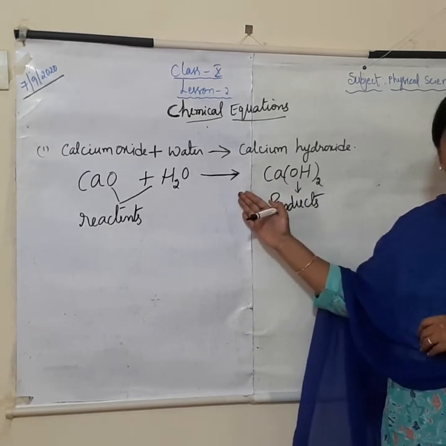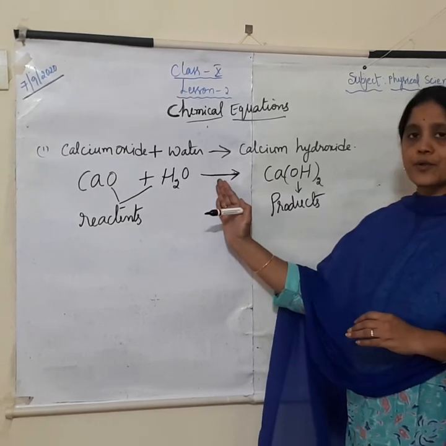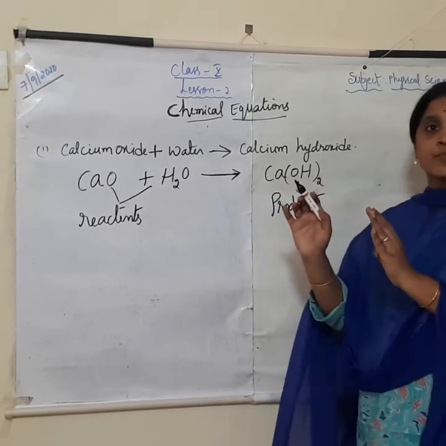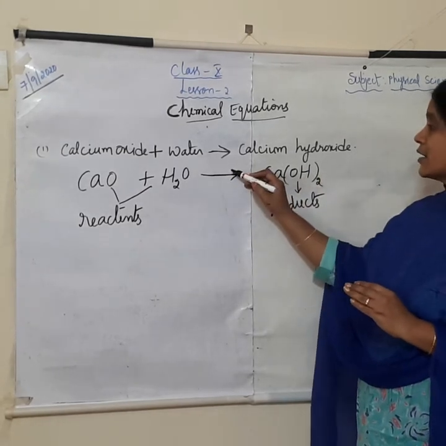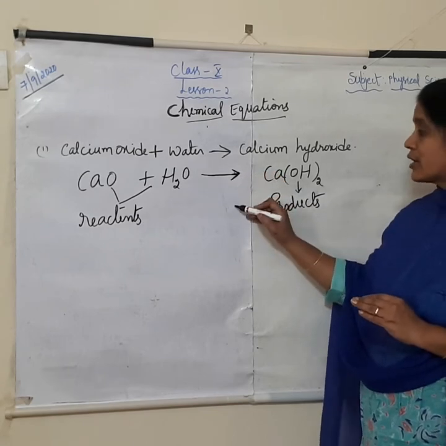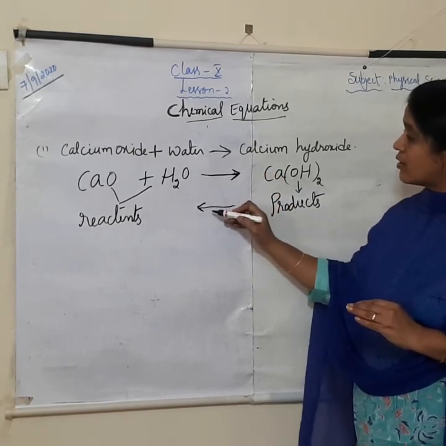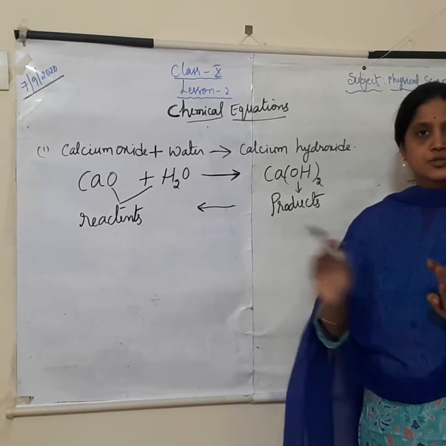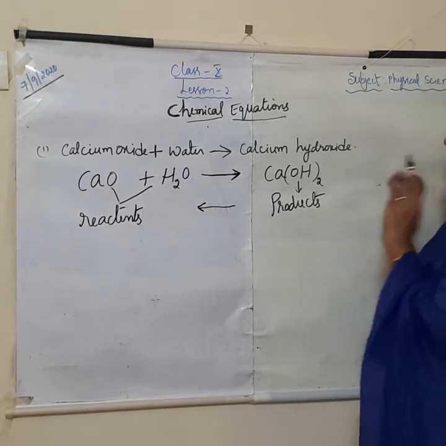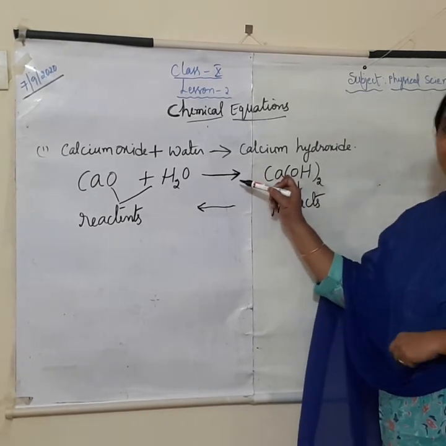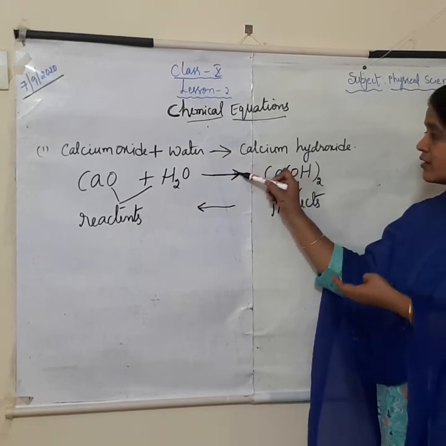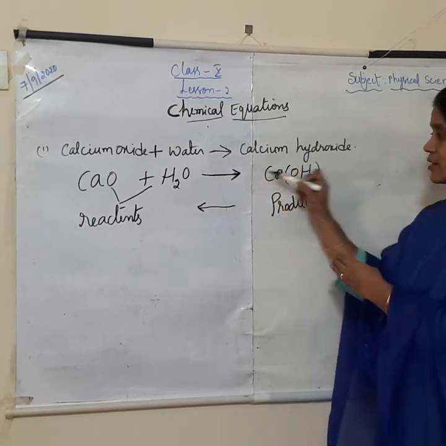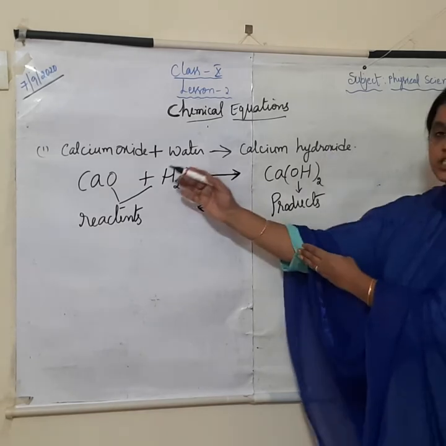Here it is very important to see where the head of the arrow is. Sometimes you can write the arrow along like this also, so don't get confused. First find out where the head of the arrow is. The side where the head of the arrow points is the side toward which the reaction is taking place.